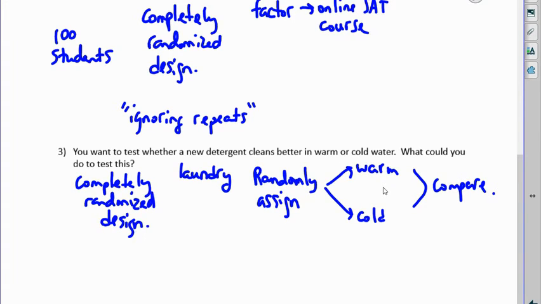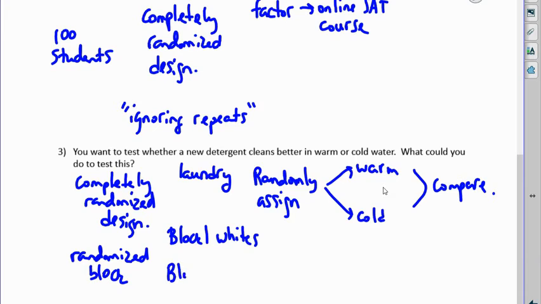Or maybe you could use a randomized block. Maybe block 1 could be your whites.